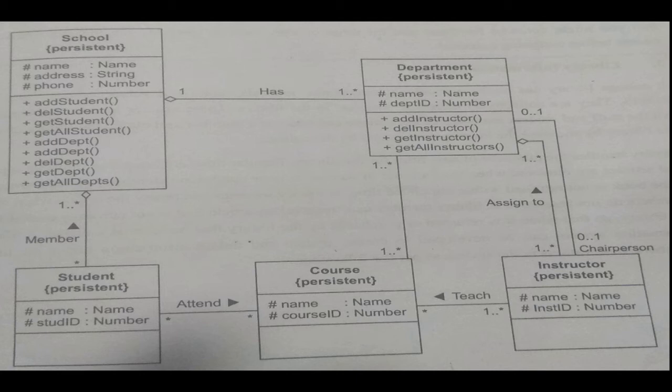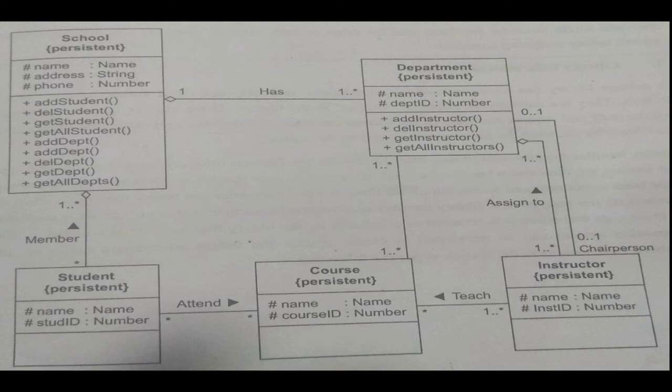Department must have details of the instructor. So the department can take the information of a new instructor with add instructor. If you want to delete an instructor's details, you call delete instructor. If you want to get all instructors' details, simply call the get all instructors operation.